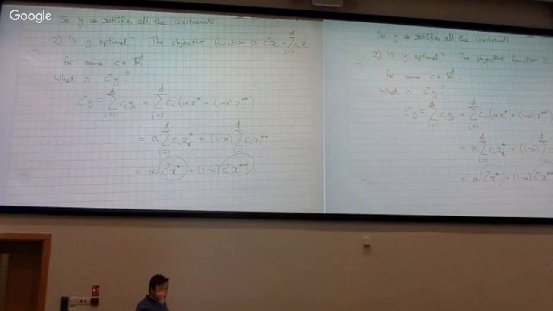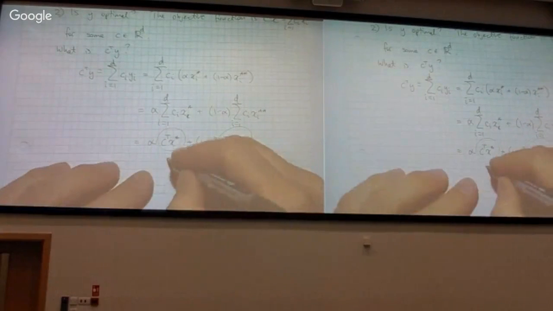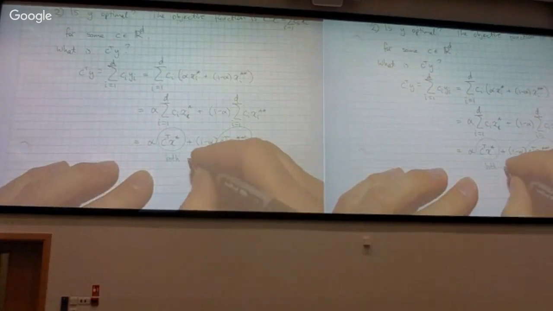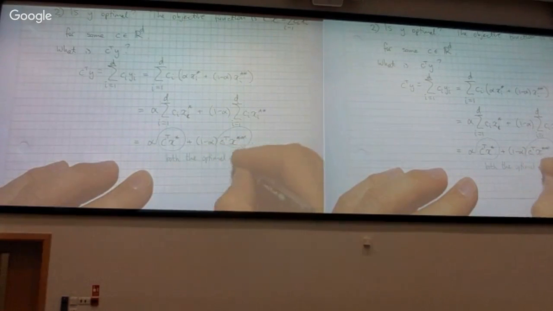Exactly. Yeah, these two things are the same because they're both the optimal objective.